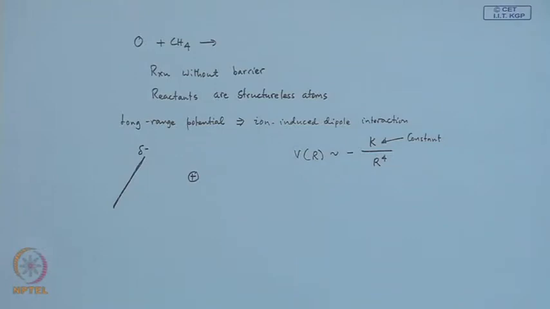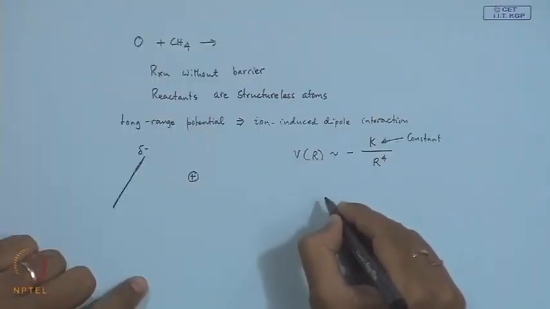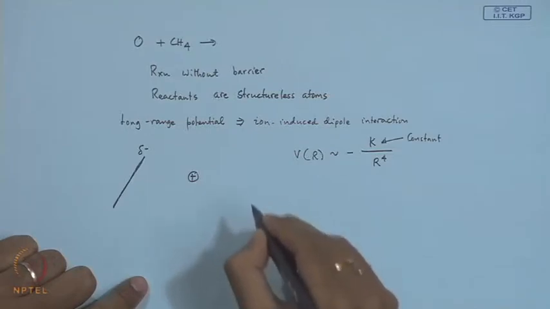Although there is no real potential barrier for the reaction to occur, there will be a centrifugal barrier.